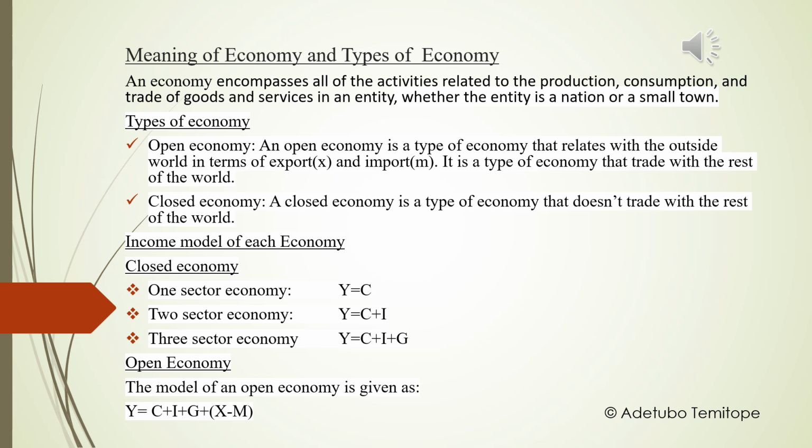So the models I just mentioned are the income models for the closed economy. Now for the open economy, we said an open economy relates with the rest of the world in terms of trade.